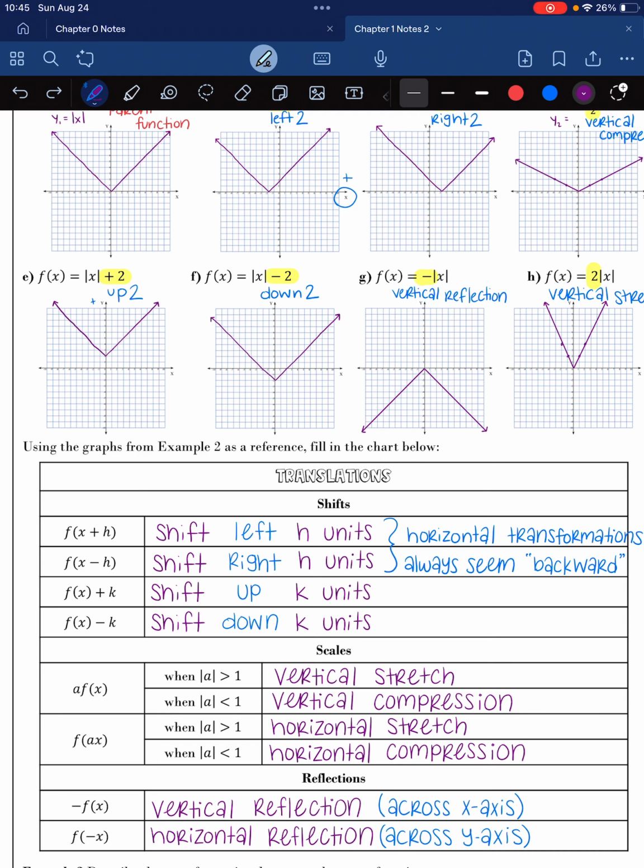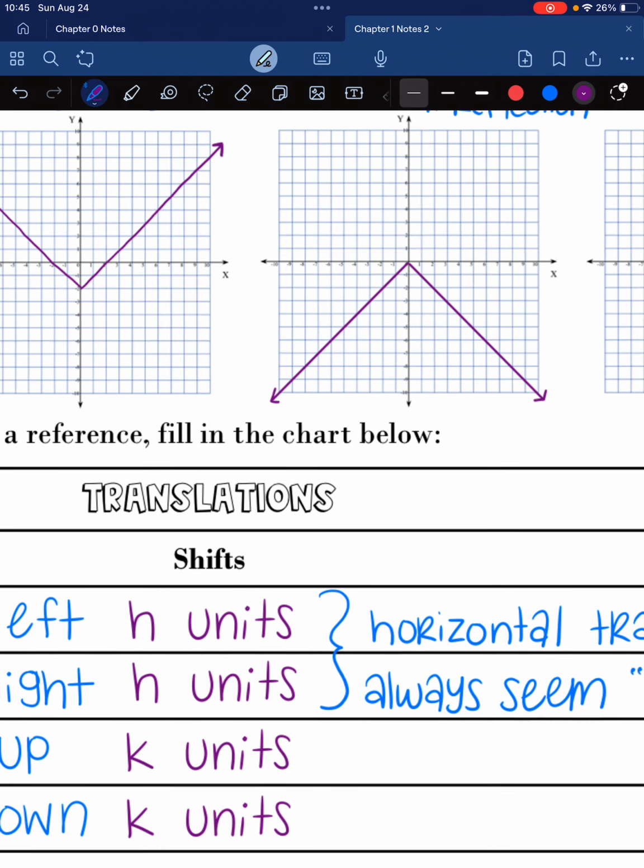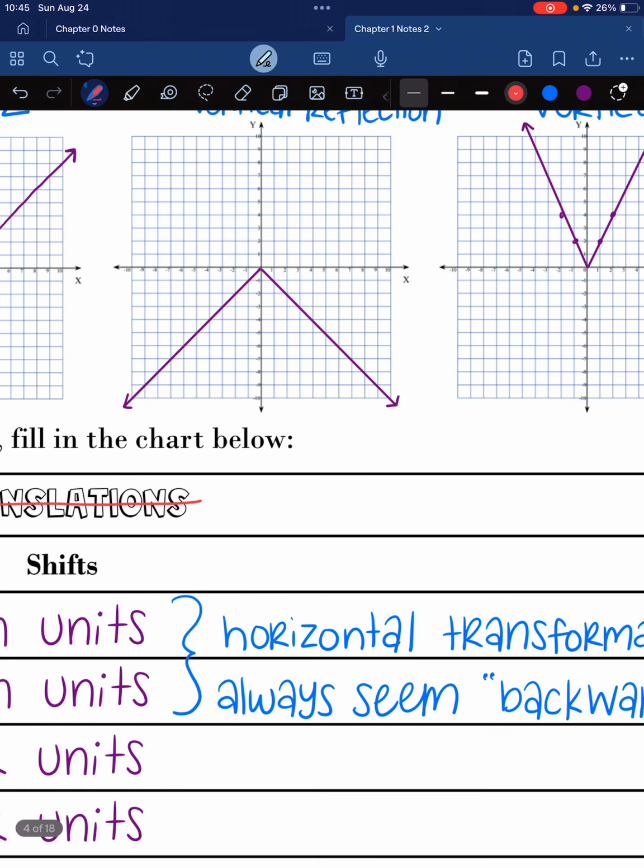They don't change the size. So these scales and reflections down here at the bottom, those aren't really translations. These are just general transformations. And I think that's what I meant to title this. So I'm going to fix that. It's not a huge deal. But this should be my list of transformations.